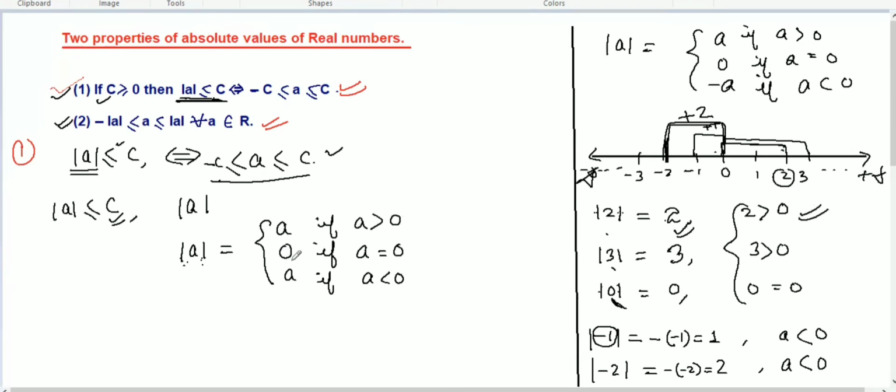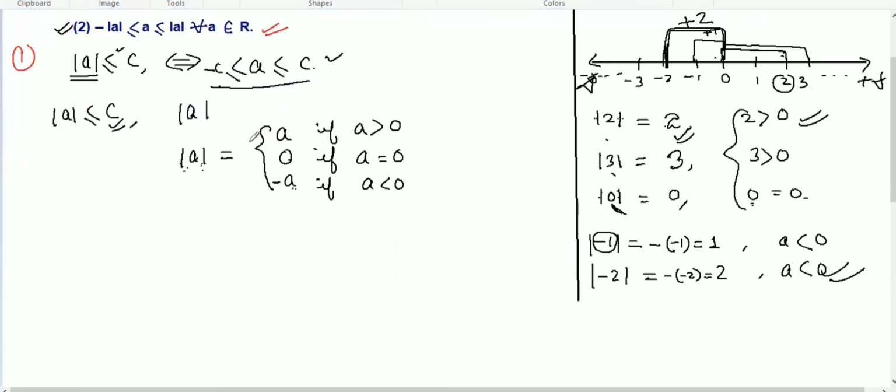The absolute value of A is equal to 0 when the real number is equal to 0. And the absolute value of A is minus A if A is less than 0.